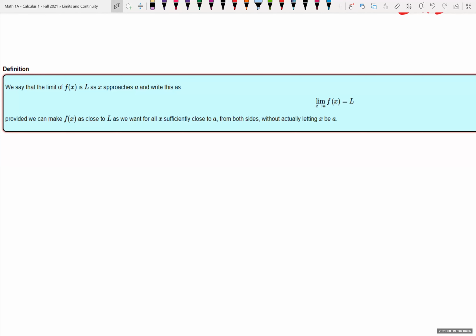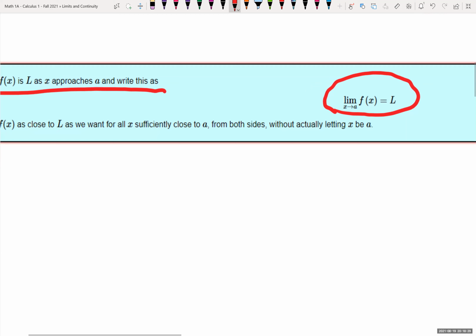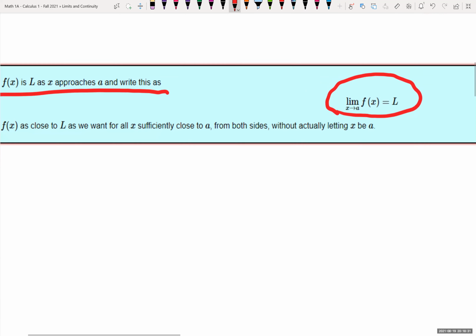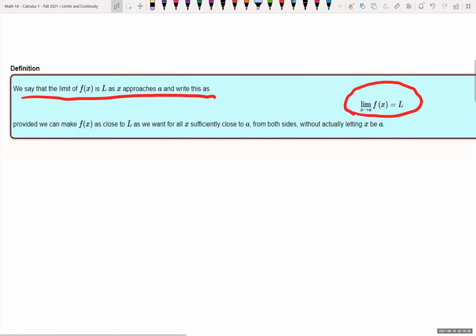In front of us, we have the definition of a limit. It states that we say that the limit of f of x as x approaches a is L, written as the following. Underneath this lim, you'll see an x with an arrow going to a, of f of x, and then it's equal to capital L. That's what the notation is saying.